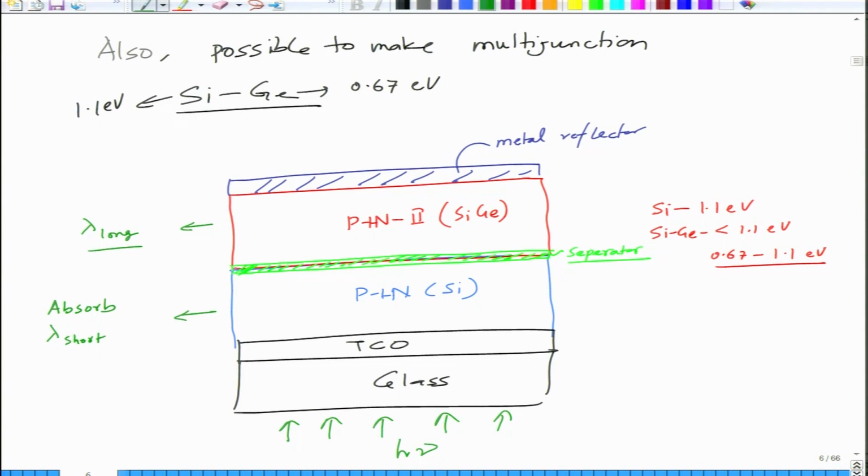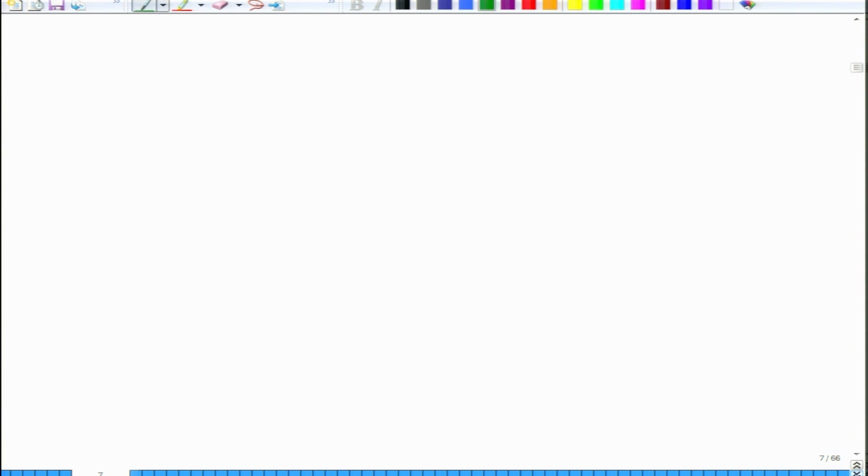Generally, as we will see later on, we will look into the reasons. Amorphous silicon is always denoted by the letter H in front, and similarly amorphous silicon germanium will have the letter H in front, and this basically means that it is hydrogenated.